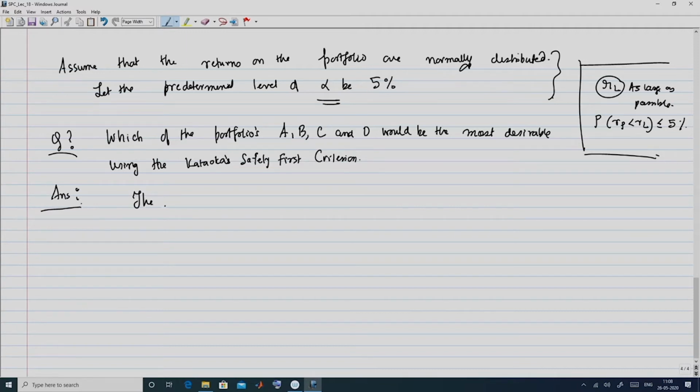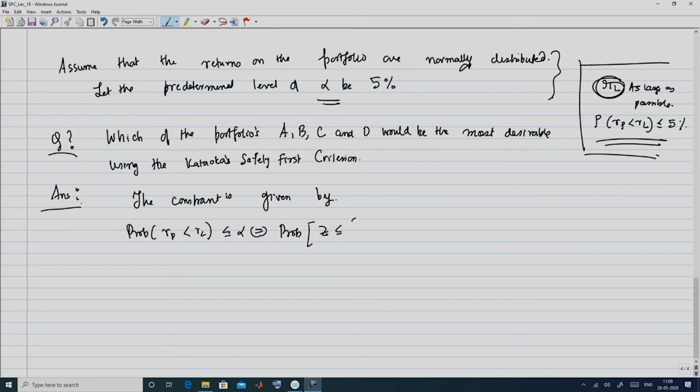Let us revisit the constraint. Remember that we have to maximize RL subject to this constraint. The constraint is given by the probability of RP less than RL being less than or equal to alpha, which is implied by the probability of Z less than or equal to RL minus ERP over sigma p. Since RP is normally distributed, RP minus ERP over sigma p is normally distributed, and I want this to be less than or equal to alpha.